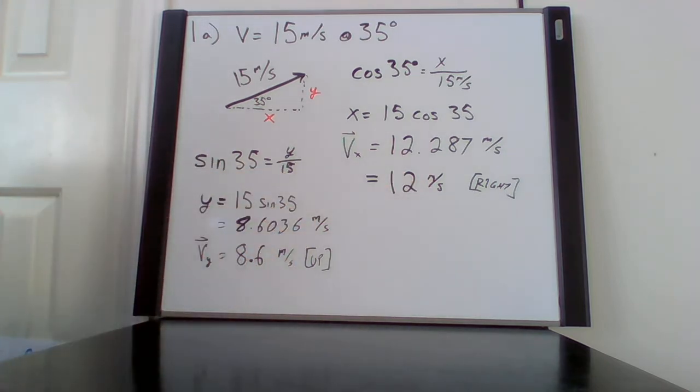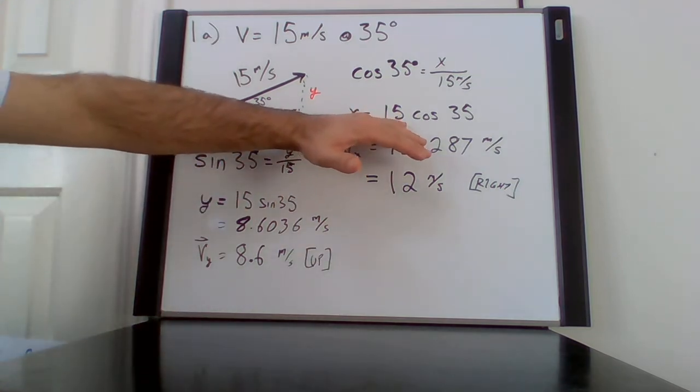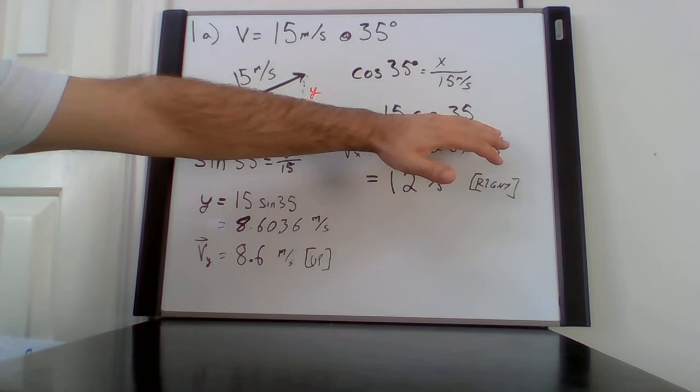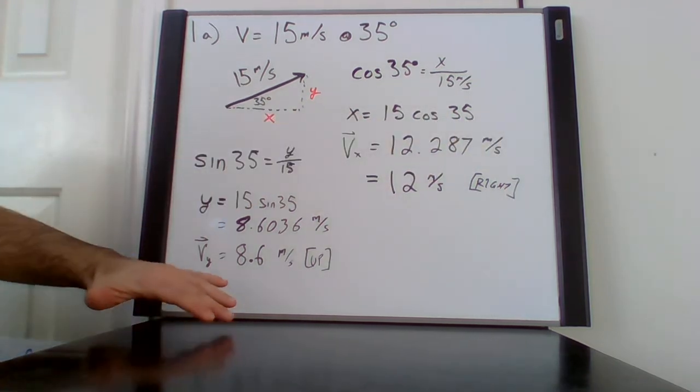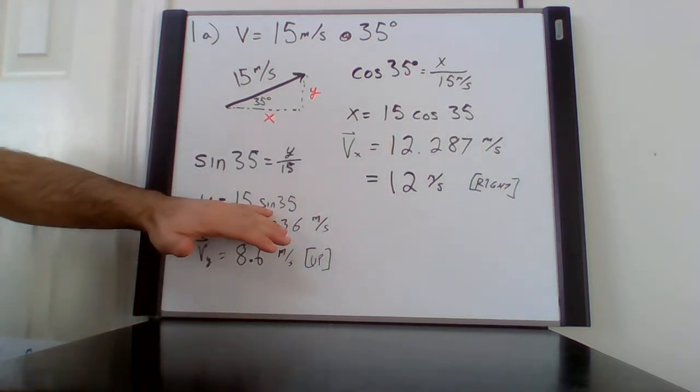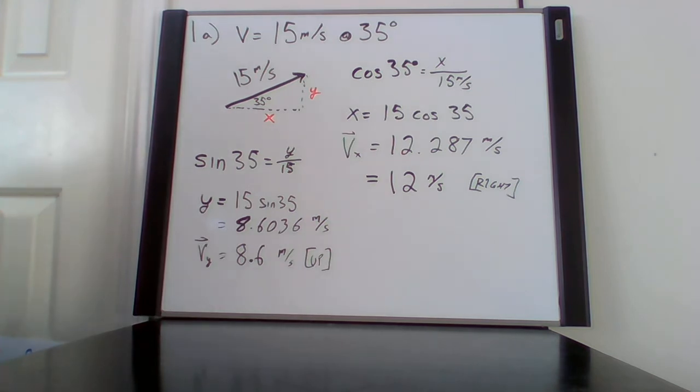If we draw our pictures carefully, our x is the magnitude times the cosine of the angle, and our y is the magnitude times the sine of that angle. So pay attention to the wording here, and it's always good to draw a picture for these.